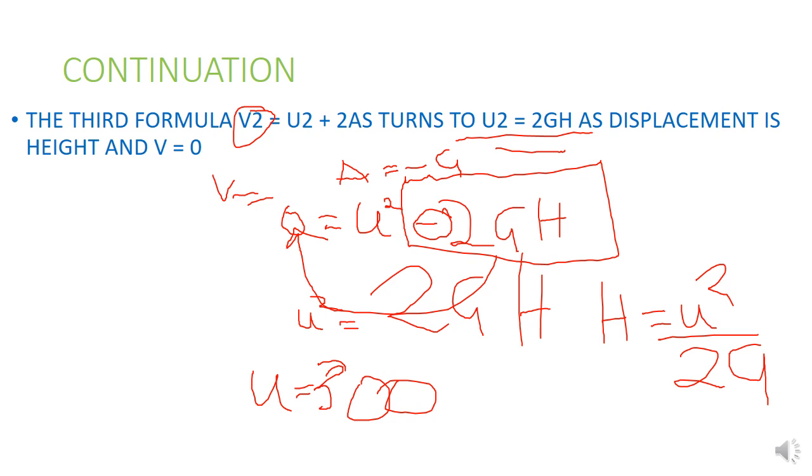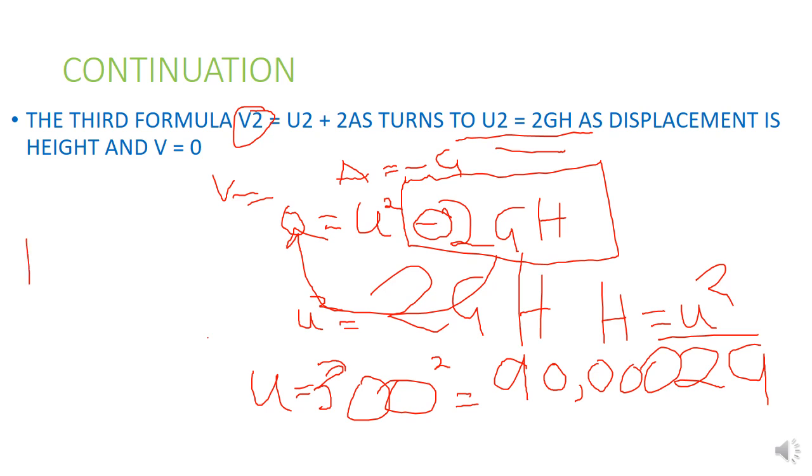That means if we take 300 squared, it will be equal to 90,000 if I'm not wrong. You can use your calculators to just confirm. 300 squared is equal to 90,000. Yeah, u was 300. So if we take u squared, it will be equal to 90,000.